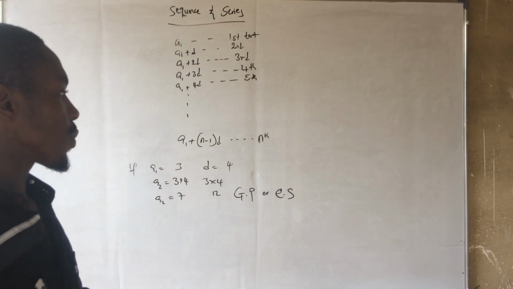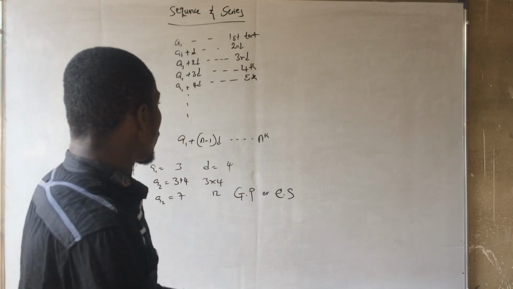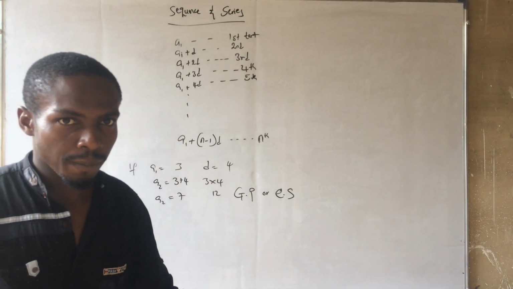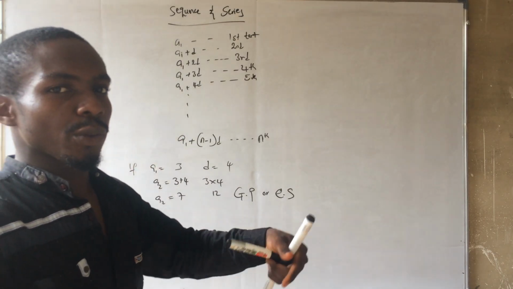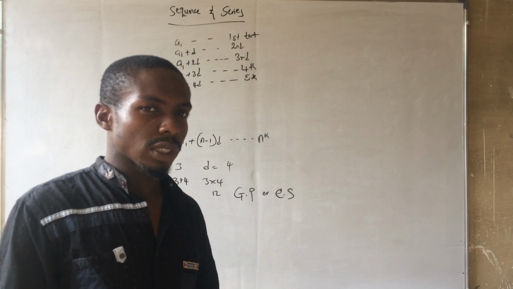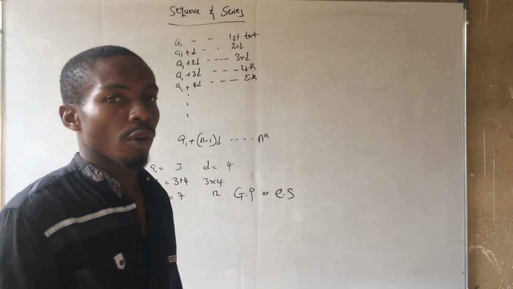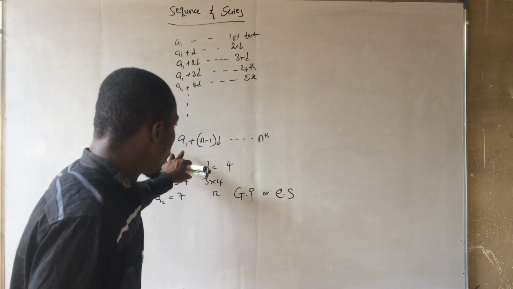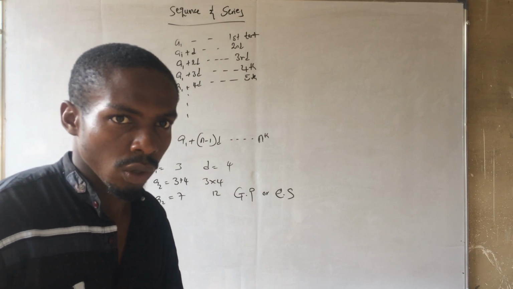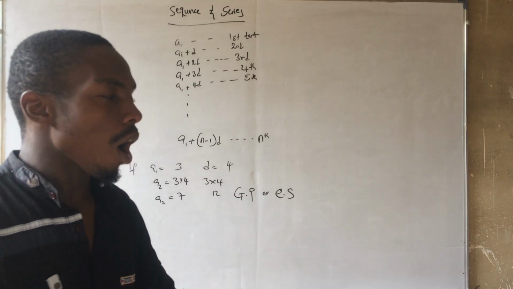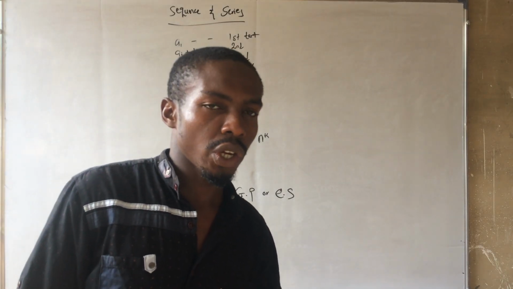Geometric progression or exponential sequence is the sequence of numbers with A1 as the first term, and the second term is formed by multiplying the first term with the common factor, normally called the ratio. When you multiply the first term with that common factor, you get the second term, or when you multiply the second term with the common factor, you get the third term.